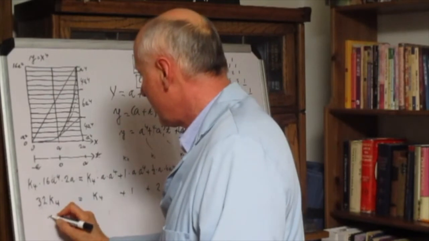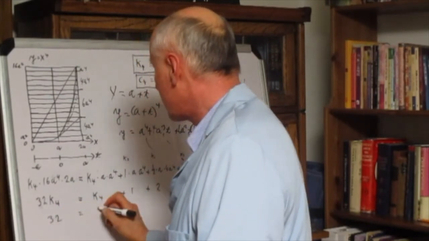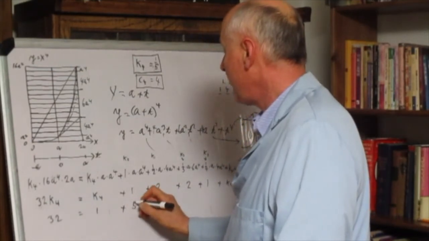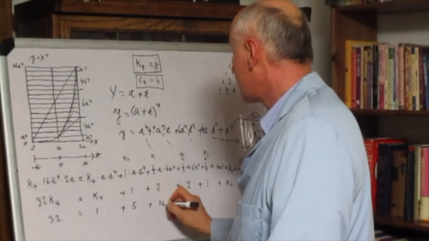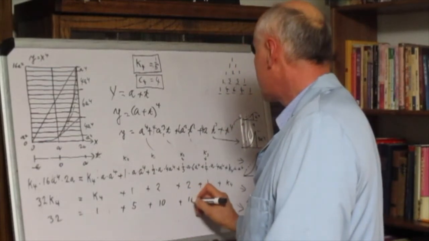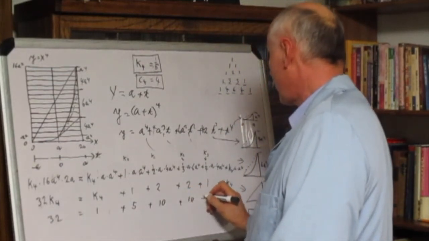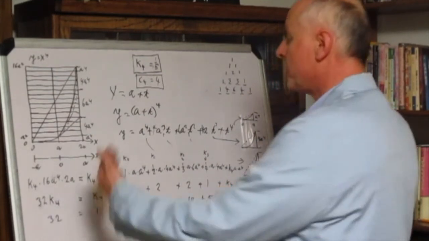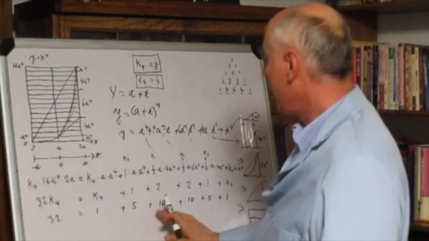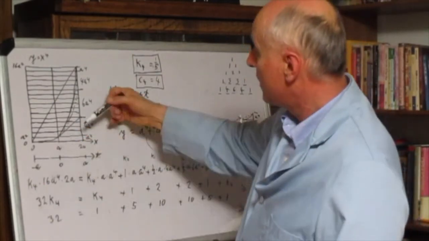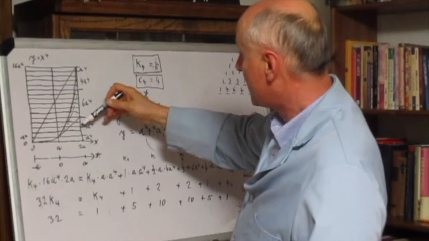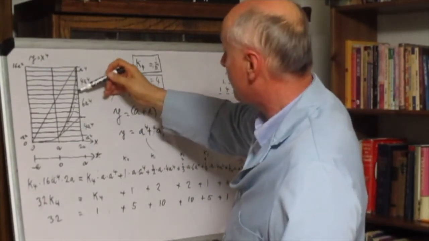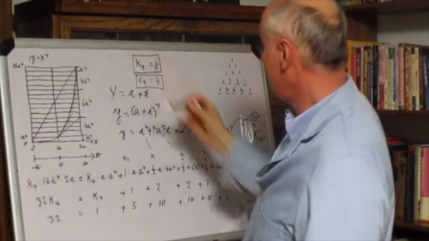We get 32 equals 1 plus 5 plus 10 plus 10 plus 5 plus 1. That's the relative weight of these areas. 1 to 5 to 10 to 10 to 5 to 1.